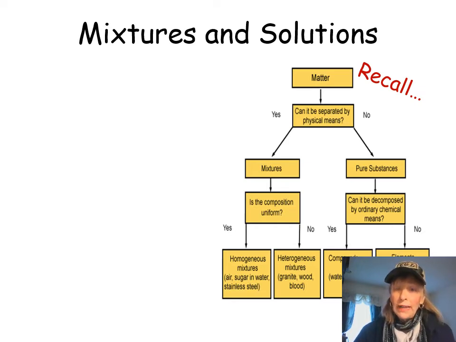On the other end, when we're asking the question, can the matter be separated by physical means? If the answer is yes, that meant we had mixtures. When we're sure that we have a mixture, we then ask the question, is the composition uniform? If the answer is yes, remember we had a homogeneous mixture.